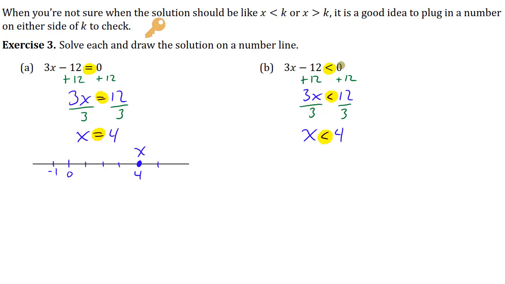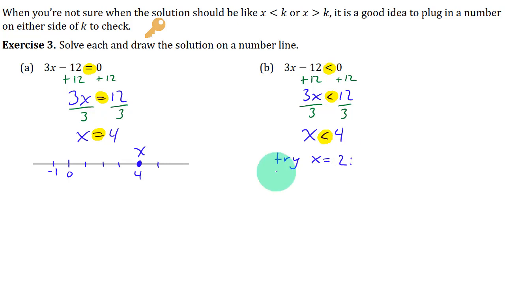Now, if you're not sure, like, I added a number to both sides and then I divided both sides by 3. Does that mean I should change the direction of the inequality? Well, let's use this idea here to just check. Let's try x equals something less than 4, like maybe, I don't know, 2 is less than 4.